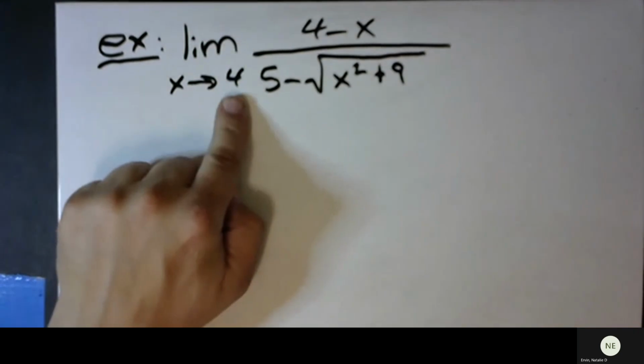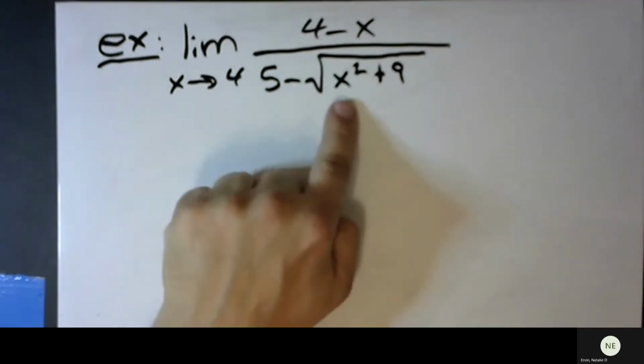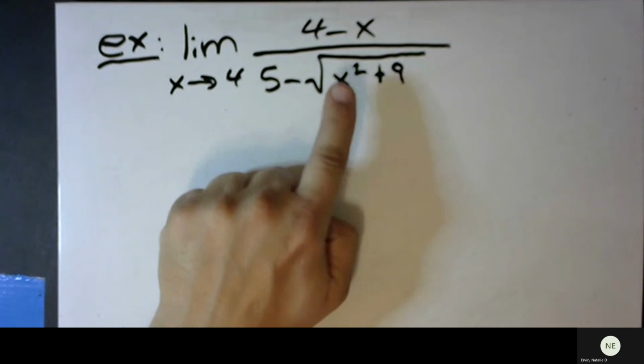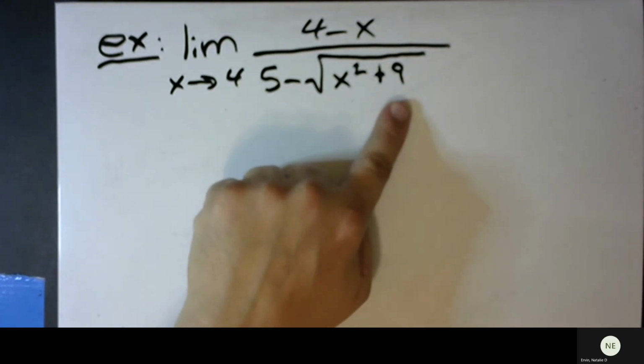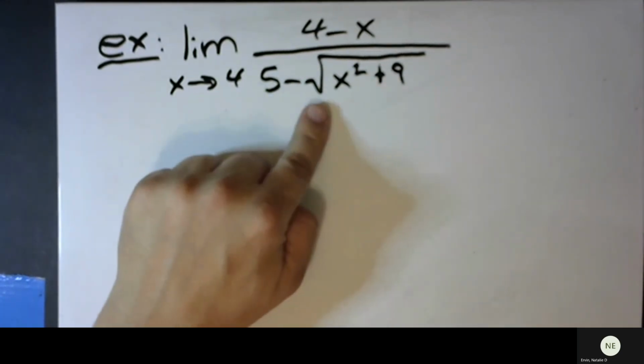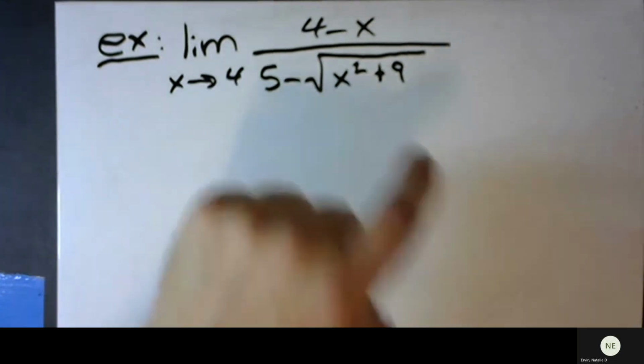Now for this one, if you put 4 into x, 4 squared is 16, 16 plus 9 is 25. Take the square root of 25, that's 5. 5 minus 5 is 0.